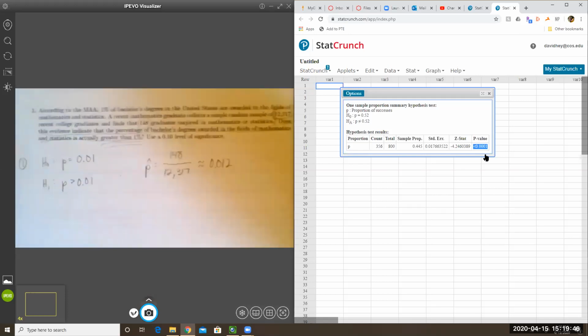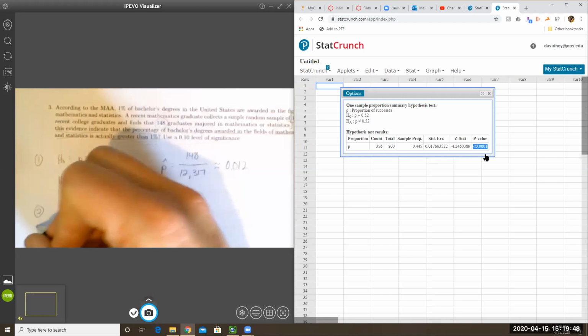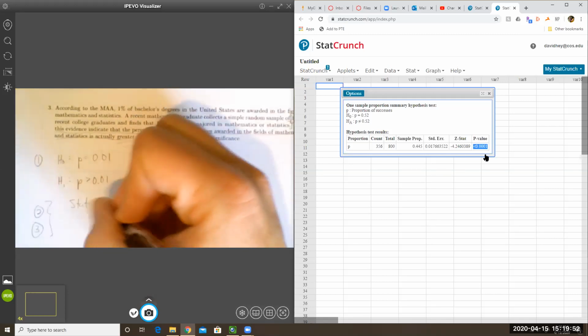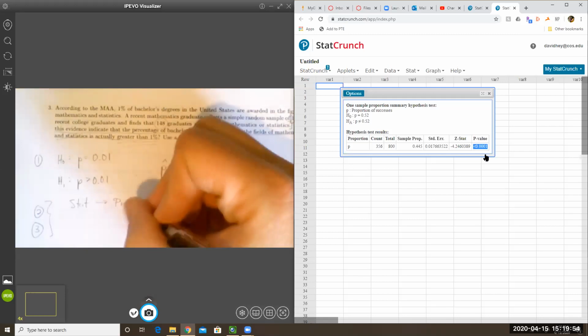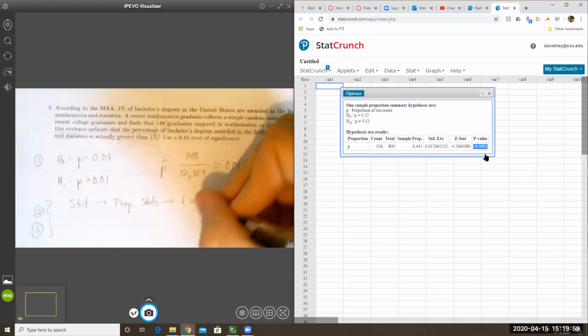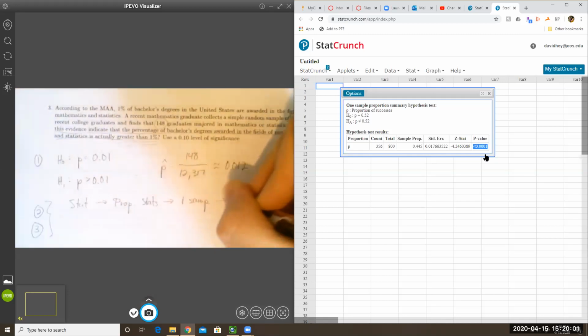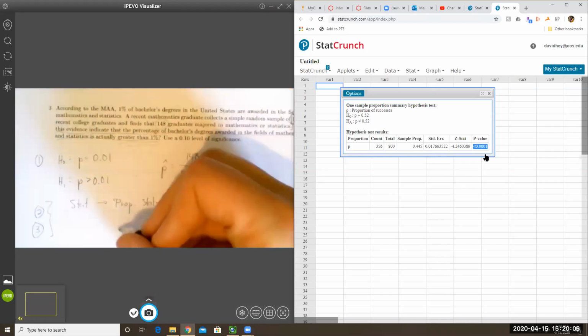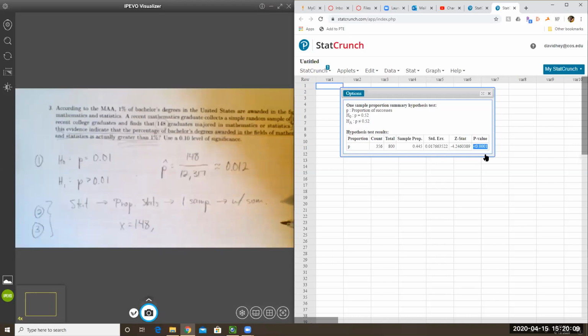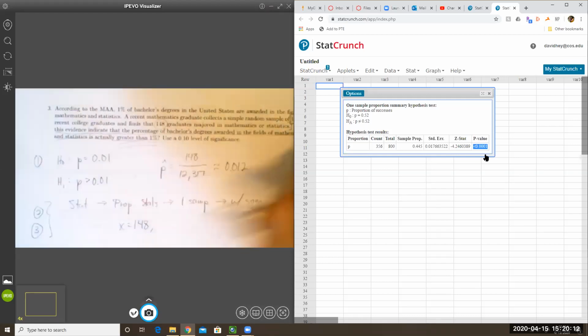But let's see. So steps 2 and 3, we're going to run in StatCrunch. We're going to go Stat, Proportion Stats, One Sample, With Summary. We're going to enter the number of successes. That's right, having a math degree means that you're a success. And the number of observations, 12,317.